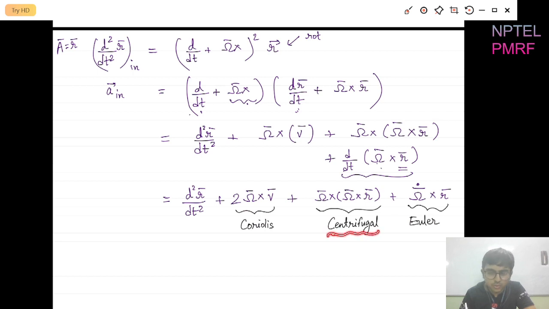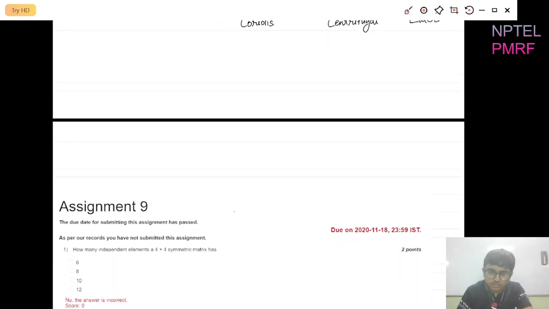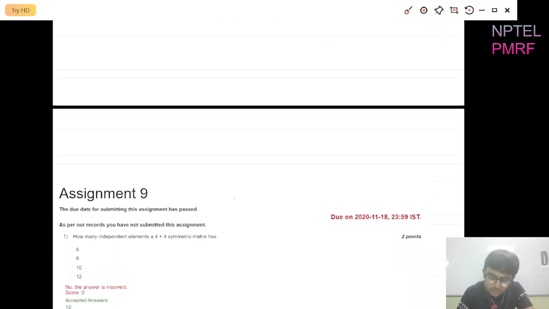Then there is centrifugal force, which we all are familiar with, right? If you have ever been on a giant wheel or anything that is rotating, then you know what this means. And there is the Euler force, which is when the rotational speed itself is changing, so there is omega dot. Okay, so that was basically all that was covered during the week.